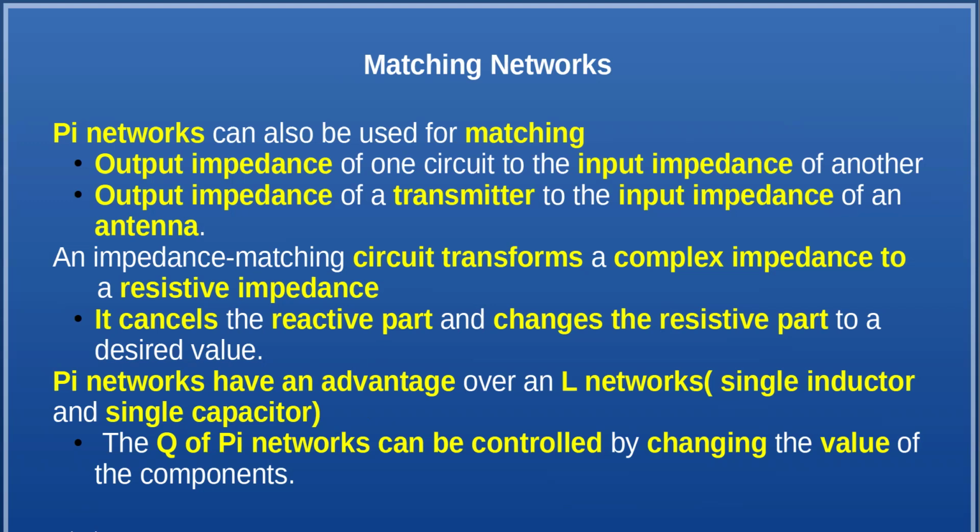So if I had, say, 50 ohms real and a plus 50 ohm reactive, meaning it's inductive, the conjugate match for that is going to be 50 ohms and minus 50 ohm capacitive, which should cancel out. All you see is the resistance.